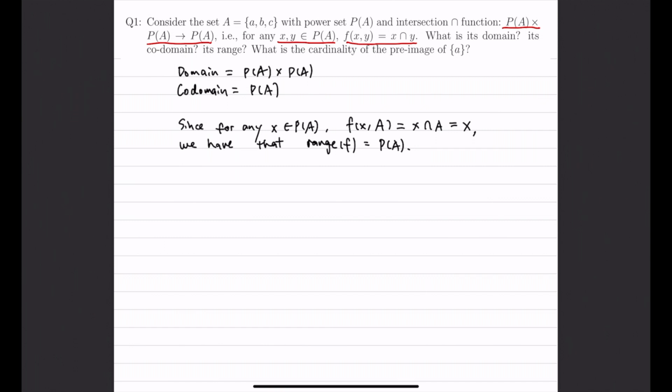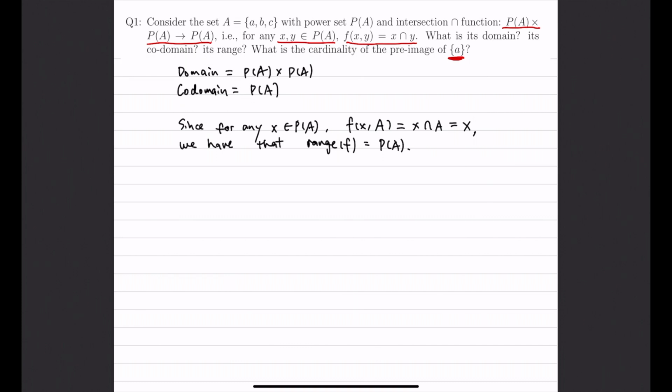Now let's consider the cardinality of the preimage of this element, the set containing a single a. The preimage of this element corresponds to those elements in the domain of the function that are mapped to this set.